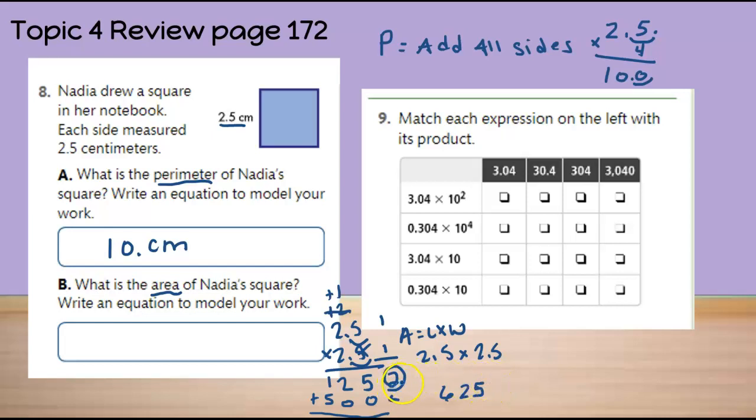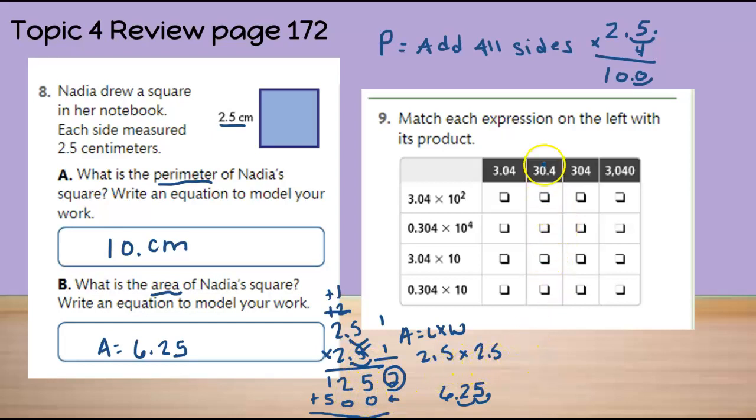Now remember, I have to move my decimal 2 places back to the left, so 1, 2. So 6 and 25 hundredths is my area. And all of this would count for writing an equation to model your work.